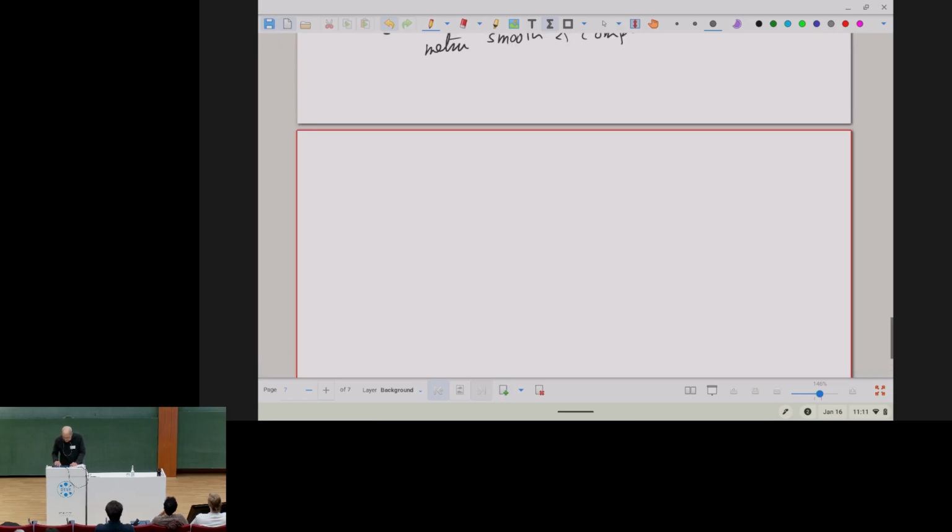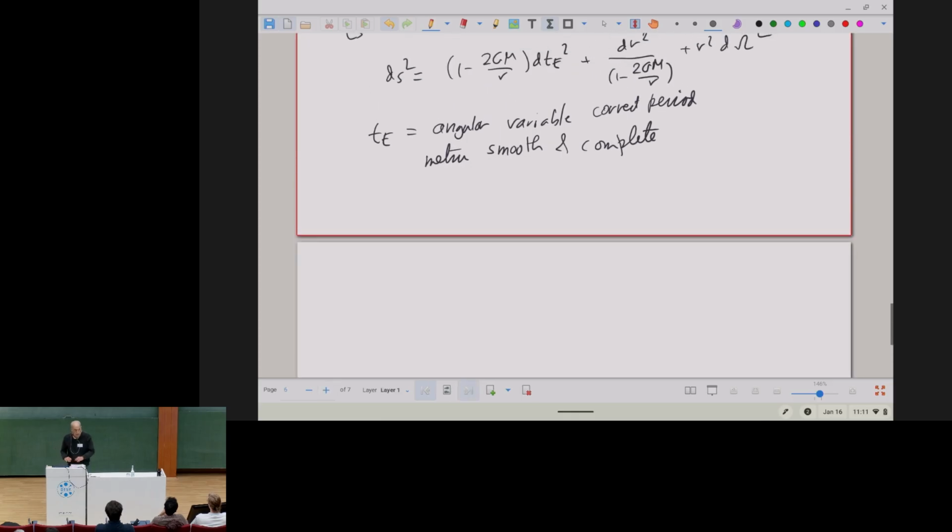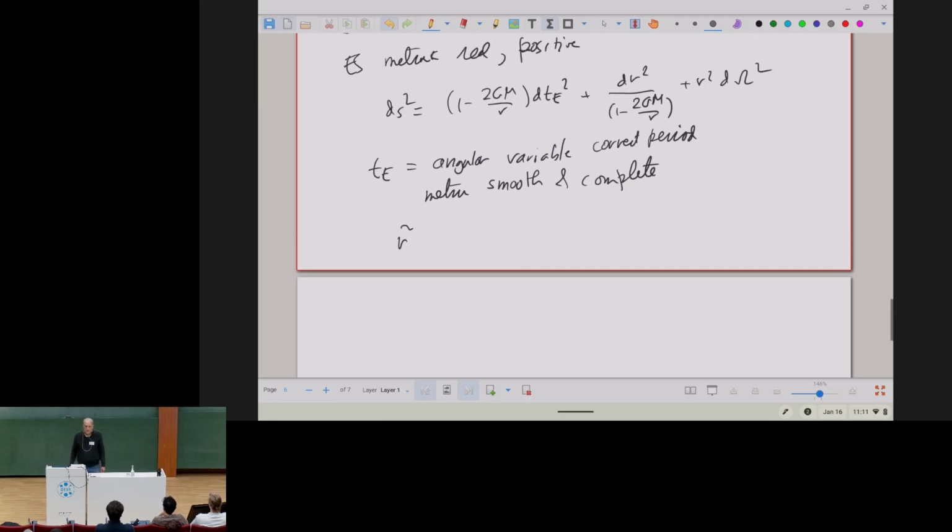Now, to see that, we need to zoom in on the region near r equals 2GM, where the metric is obviously nice, except at r equals 2GM, but at r equals 2GM, the coordinates we're using are actually not good, as you'll see in a moment. And it's not obvious that this is a good metric at r equals 2GM, because one coefficient blows up and one goes to 0. So to investigate the claim that it's a nice metric, we have to find better coordinates at r equals 2GM.